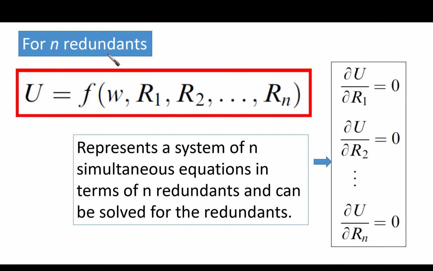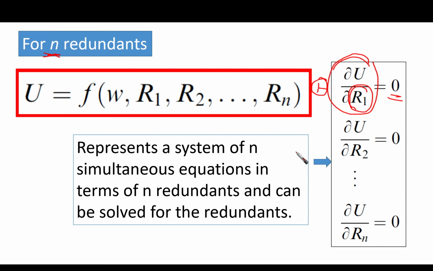What if the indeterminacy of the system is not only one, and we have multiple redundants, R1, R2, R3, R4, and so on? In this case, we say that the least work for the redundants is that the partial derivative of the strain energy with respect to R1, which is redundant number 1, should equal 0. This is equation number 1.